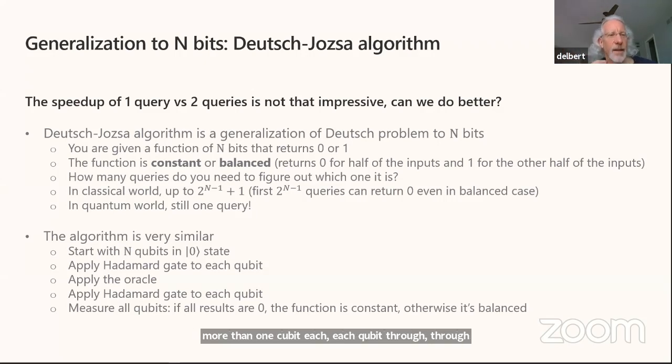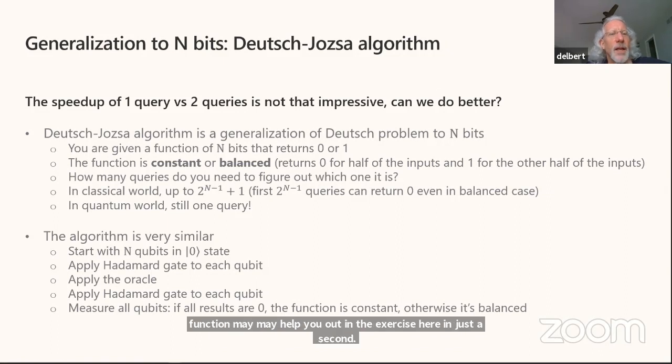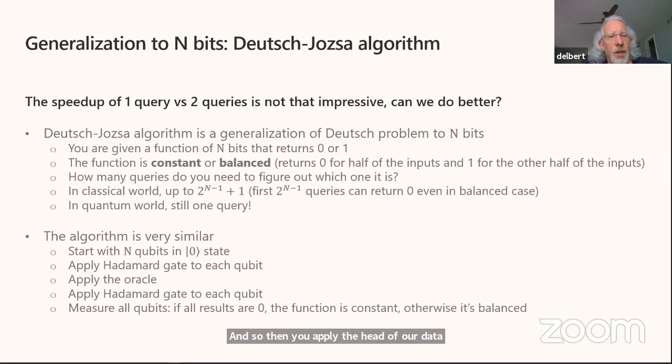So that particular function may help you out in the exercise here in just a second. And so then you apply the Hadamard gate to each qubit. You apply the oracle to the register of qubits, we call it, the group of n qubits. And then you turn around and apply the Hadamard gate to each individual qubit again.